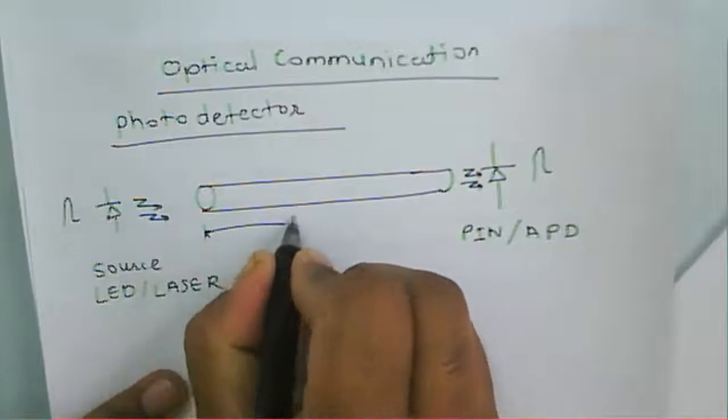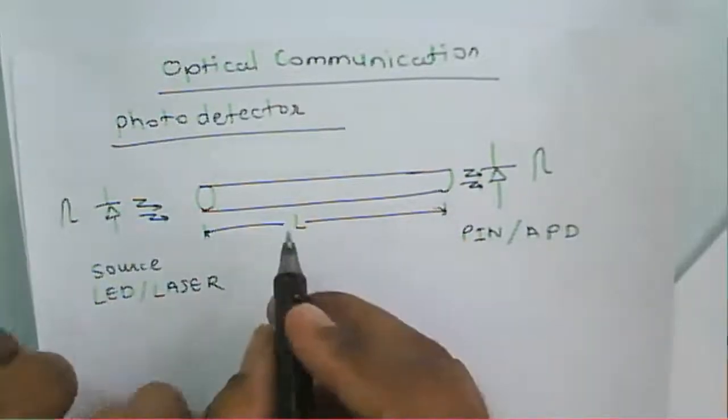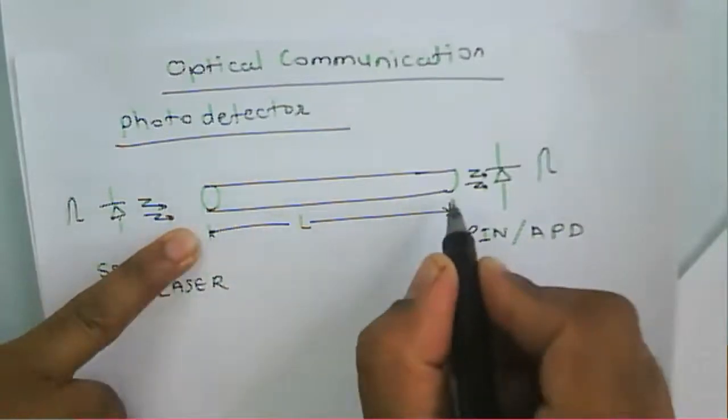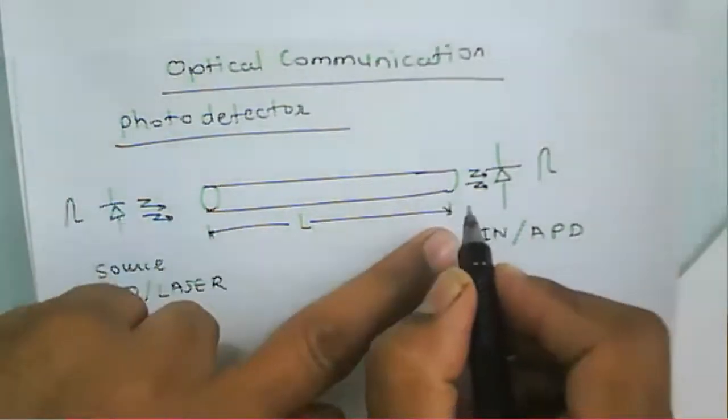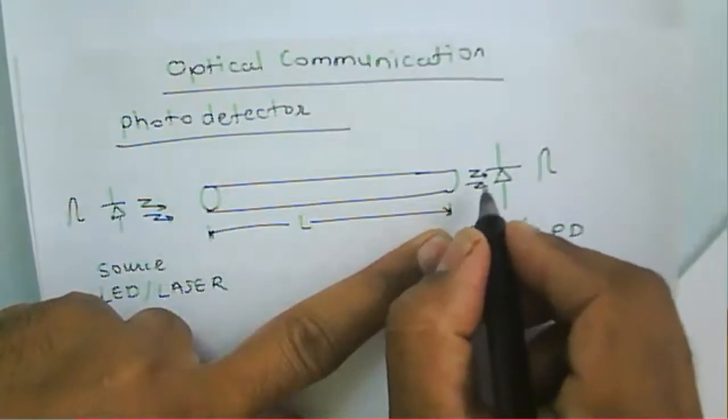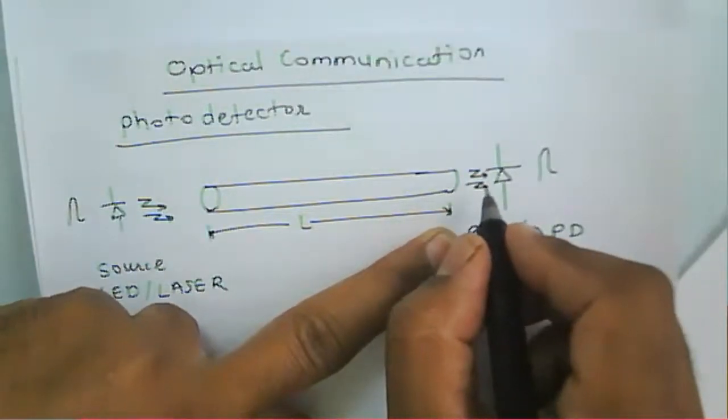Since the length of the fiber is very large, when light is launched inside the fiber, that light is propagating throughout the fiber. If that length is large, then at the receiver the intensity of the light is very low.